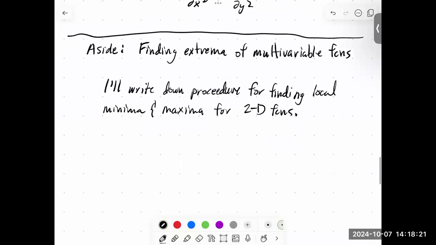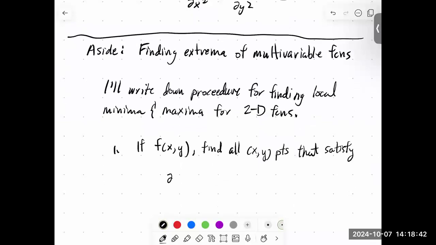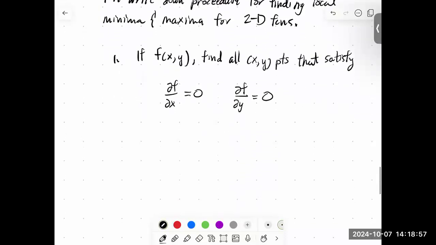All right, so the steps are: 1, if you have some 2D function, f of x and y, we find all the x, y points that simultaneously satisfy these two conditions. The derivative with respect to x is 0, and the derivative with respect to y is 0.